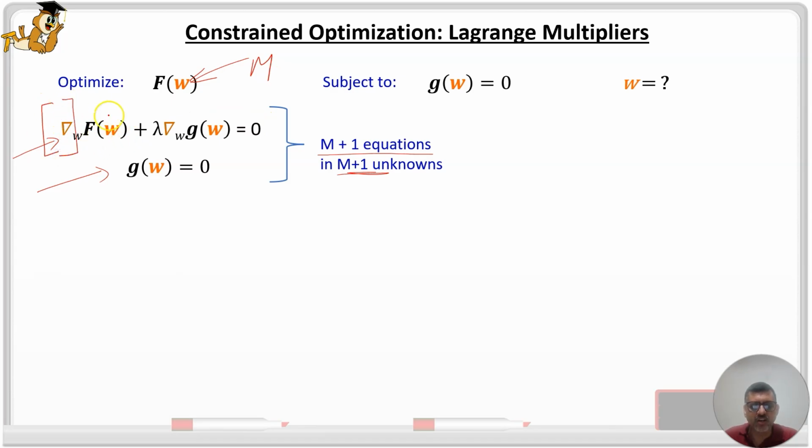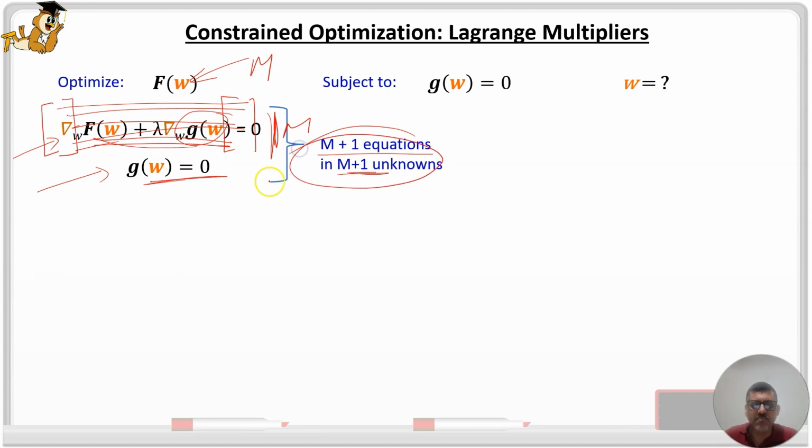This is a gradient of a scalar, but that's a vector. Of course, gradient of g(w) is also going to be a vector. So this is a vector equation, and what it means is that it has to be satisfied for each element of those corresponding vectors, right? And therefore, this is actually m equations and this is one equation. So you effectively have m plus 1 equations in m plus 1 unknowns.